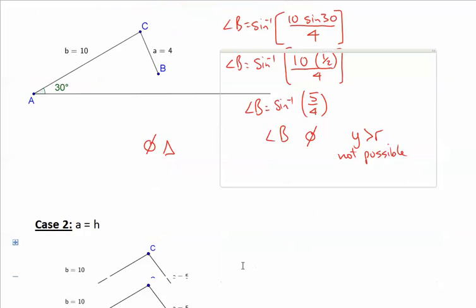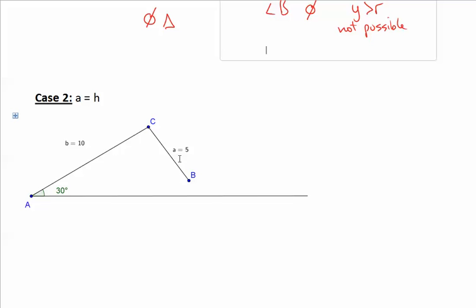Okay, second scenario. What if a equaled h? Now in this case, h, if it were 5, you would have half the opposite to the hypotenuse, which does match the sine ratio for 30 degrees, if you'll remember special triangles. But let's work with the formula and see what the formula gives.